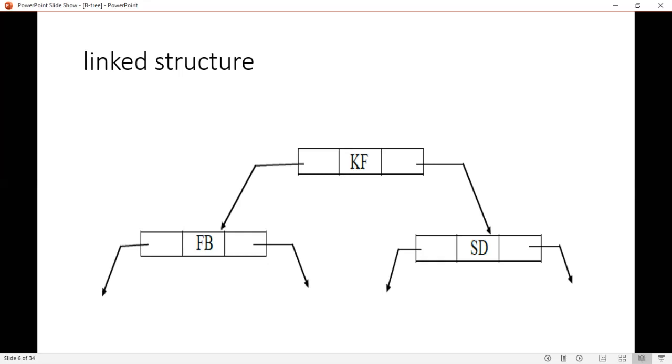If each node is treated as a fixed length record in which the link fields contain the RRNs, that is the relative record numbers pointing to other nodes, then it is possible to place such a tree structure on secondary storage. How is that possible?